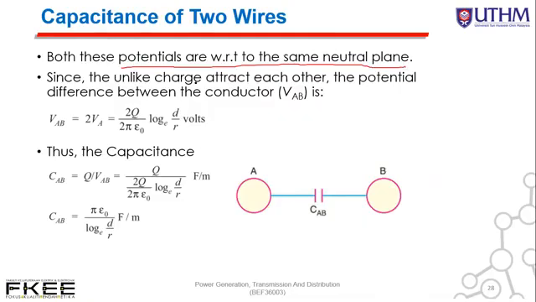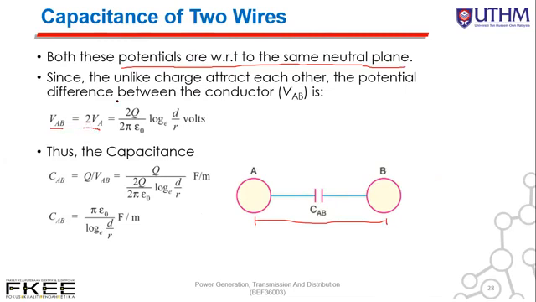Since unlike charges attract each other, the voltage between A and B, or the potential difference between the two, will be VAB equal to 2VA.